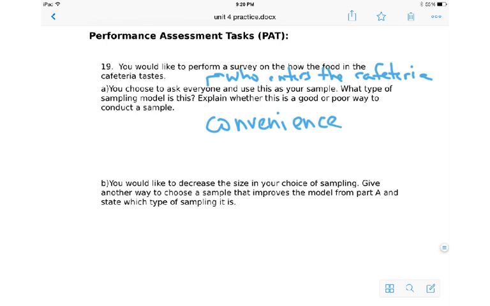And it says, is this a good or poor way to conduct a sample? Well, if you're only sampling the people who are at the cafeteria when you're there, this is probably not a good method. A better method that might decrease the bias in my choice of sampling might be the simple random sample.